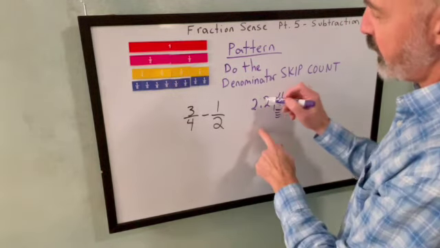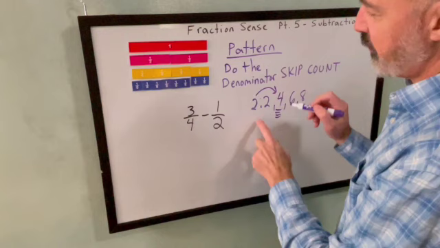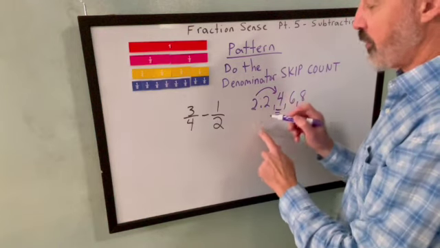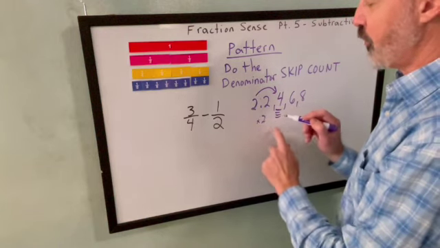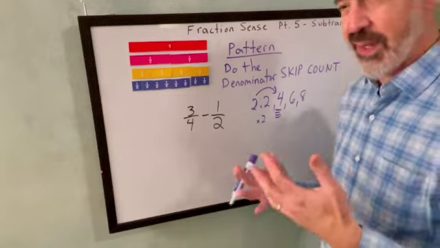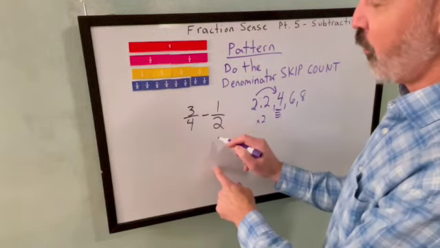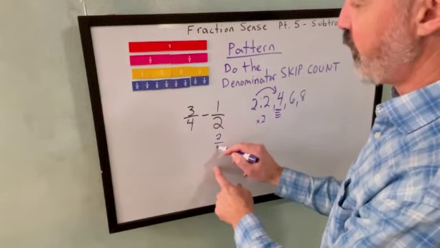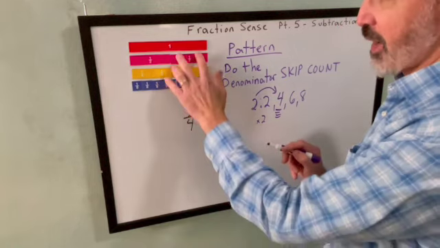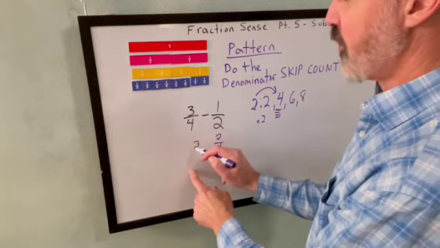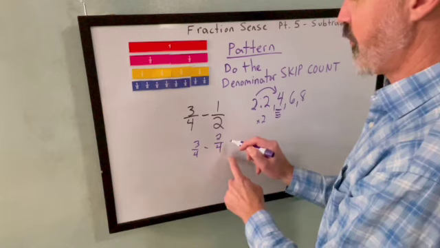And right here, you also can sort of see that the denominator grew 2 times as much, and 2 times 2 is 4. All that's related to the fact that if you just take 1/2 and make it into 2/4, that's an equivalent fraction. And then you've got 3/4 minus 2/4.